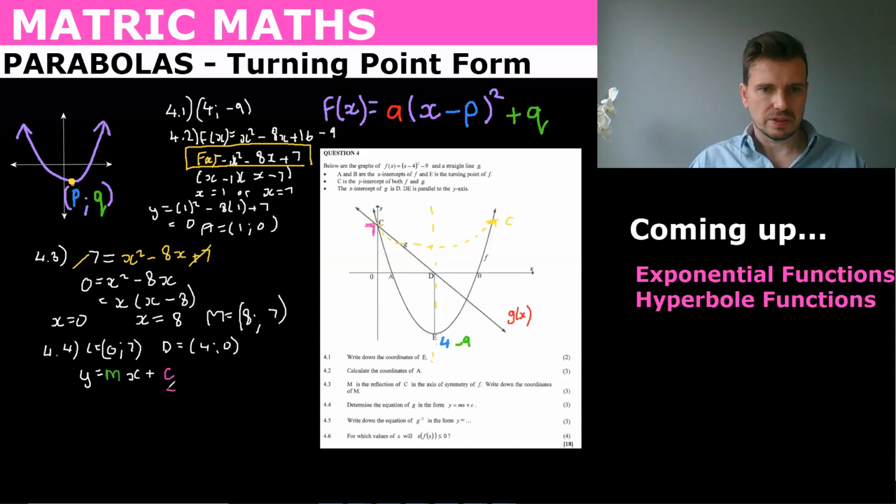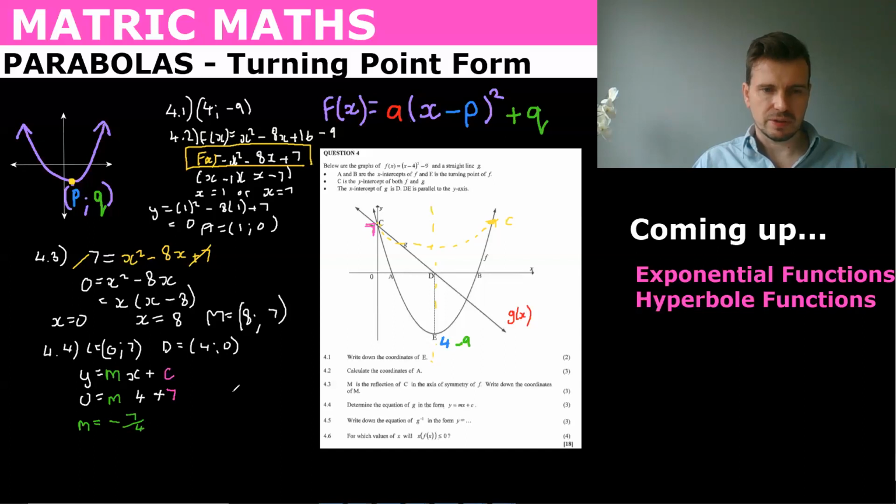So we're going to substitute x and y in here: we're going to sub in 4 for x and 0 for y, and solve for m using this point. And so then m is equal to, take the 7 across, it becomes minus 7. Minus 7 divided by 4 is minus 7 over 4.